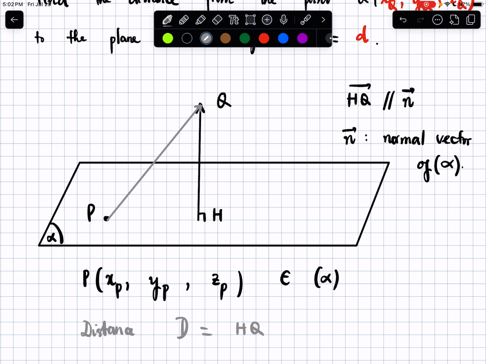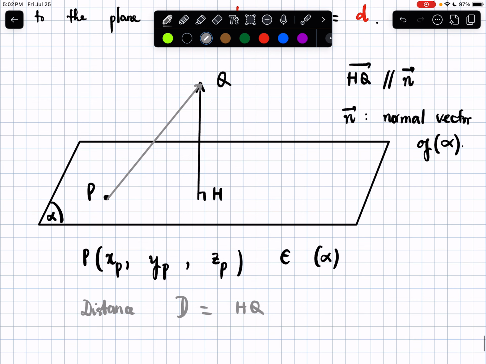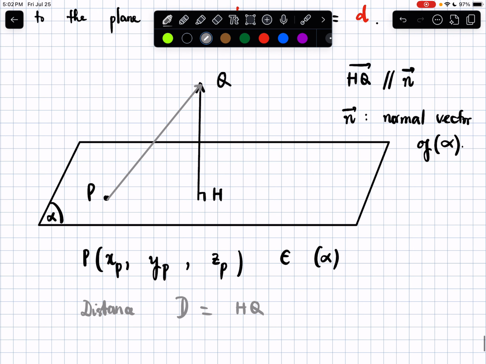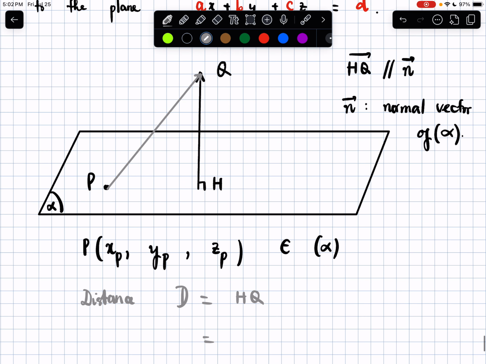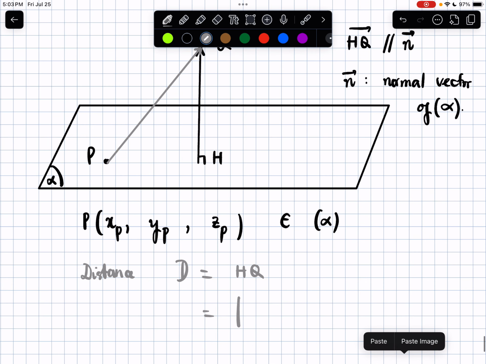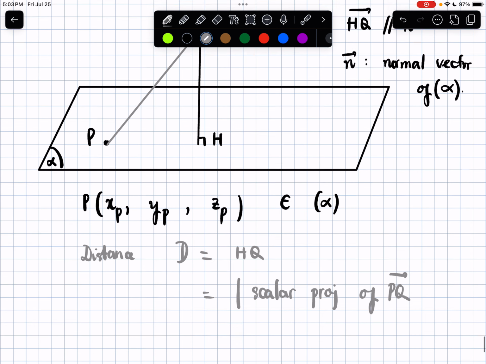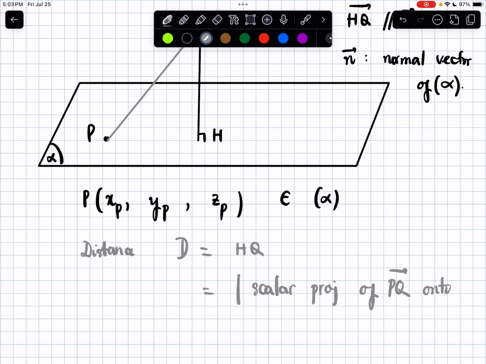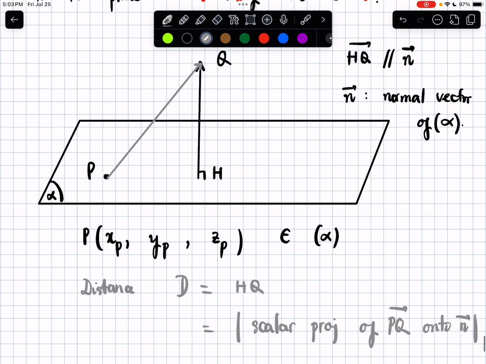And this one is actually the projection of PQ onto the normal vector. Actually, it is a scalar projection, or the absolute value of the scalar projection of PQ onto the normal vector n.